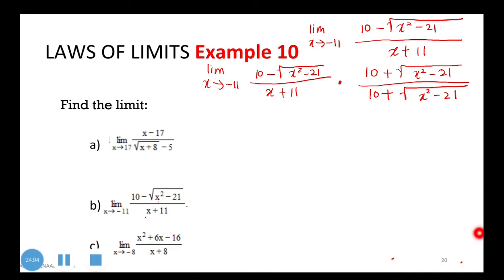Okay, don't just stop when the answer is 0 over 0. So no, that's not the final answer. You have to find a way to calculate it until the value is not 0 over 0. So one of the ways is using conjugates here.